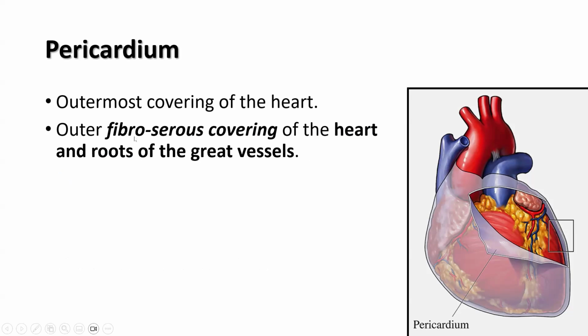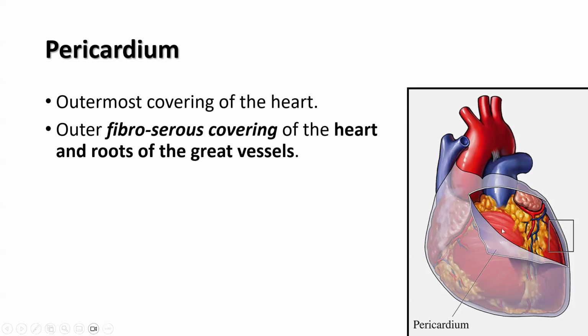It is fibro, that is one layer of this covering is fibrous tissue. It is made by fibrous tissue. And the other layer of this structure is serous tissue or serous membrane. So it is both fibrous and serous. That's why it is called fibroserous covering.